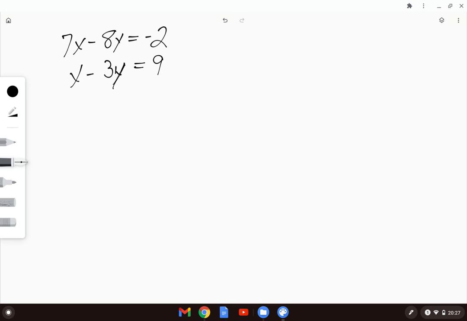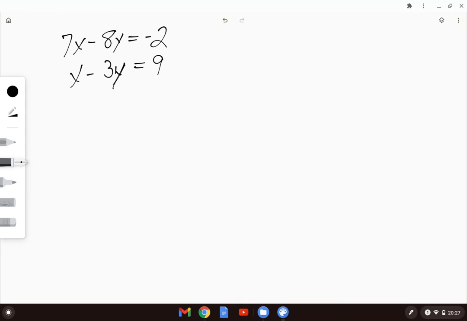So if I'm looking at this and deciding which is most efficient for me to use and which one has the best number sense, it would be x minus 3y equals 9, because I can very easily add 3y to both sides and have that written in terms of x, as opposed to the equation above it where I've got 7x and 8y, which means I'm going to have to divide by one of those coefficients, and I'm going to be working with a lot of fractions.